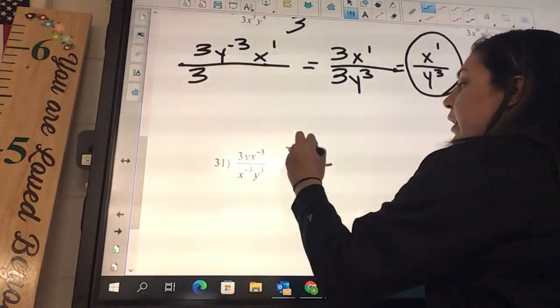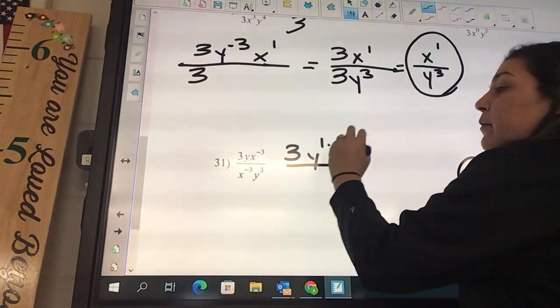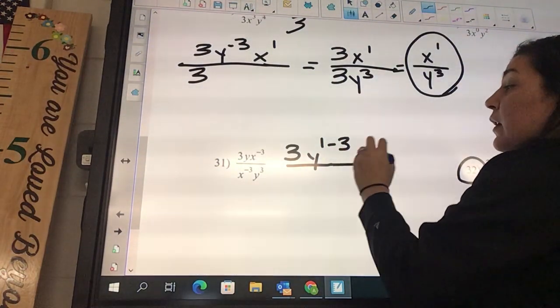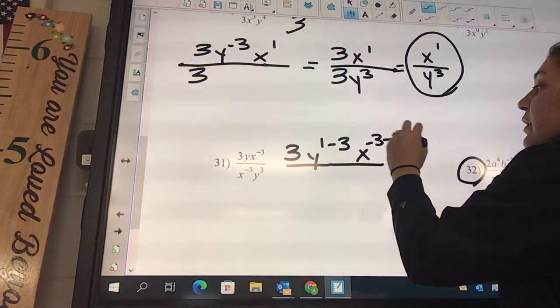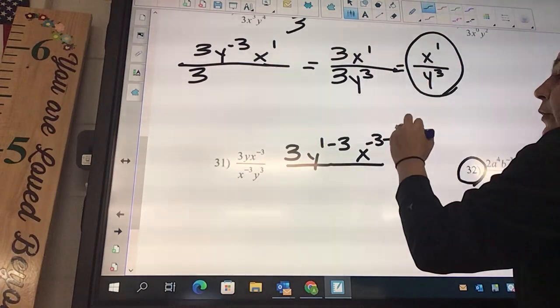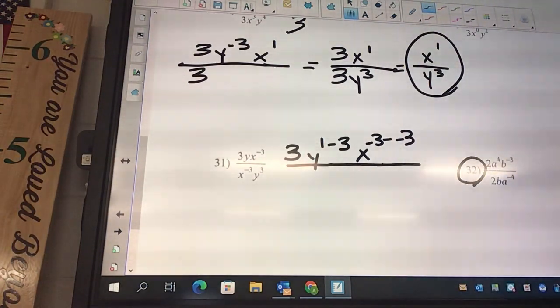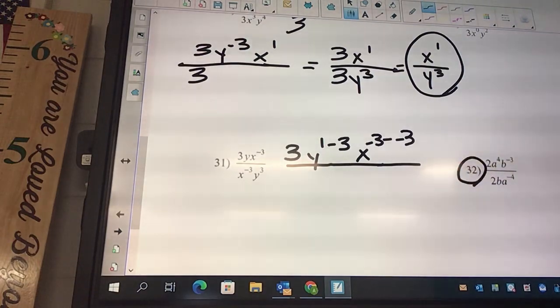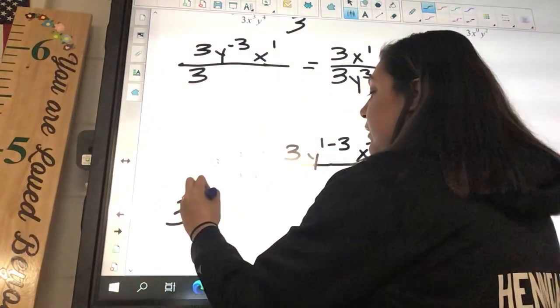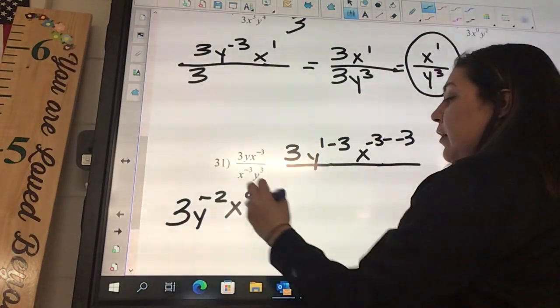Okay, 31, we got 3, and it's going to be y to the 1 minus 3, x to the negative 3 minus, ooh, I almost messed it up. Negative 3 minus 3. So you're going to get y to the negative 2, x to the 0.